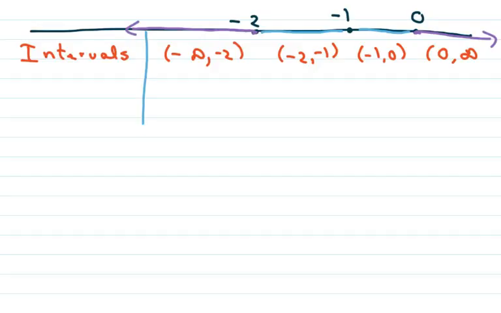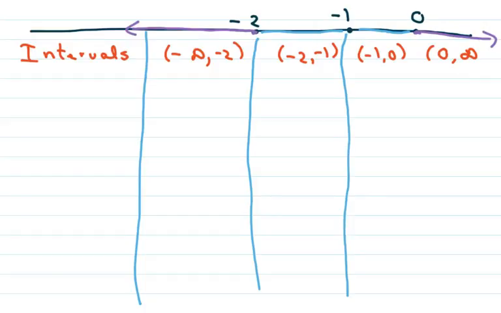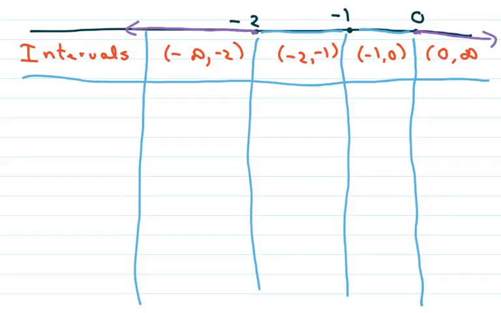So let's just draw lines here and pick points. This is basically if you can't use a calculator. And basically we're going to choose some numbers.